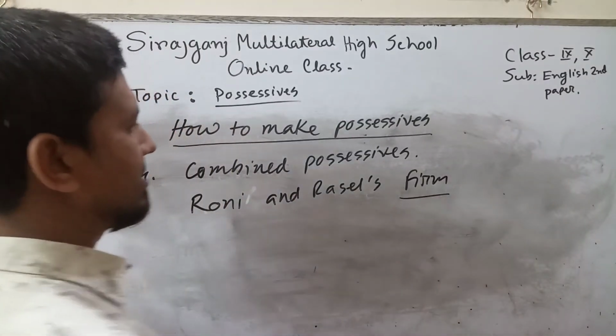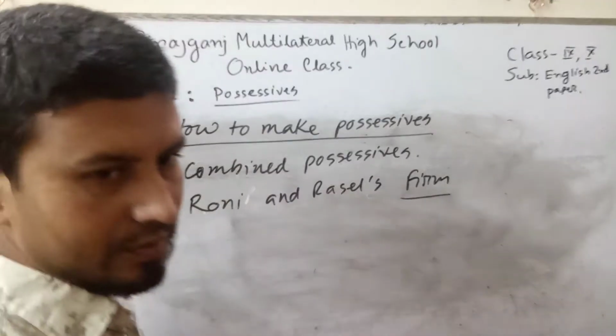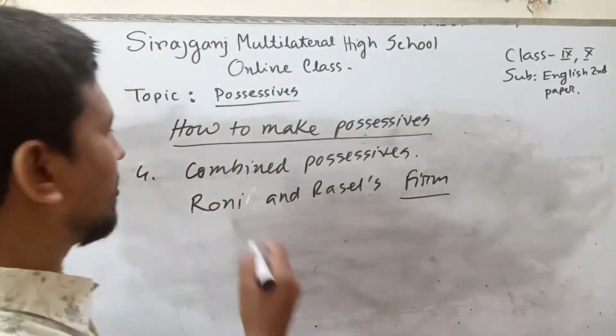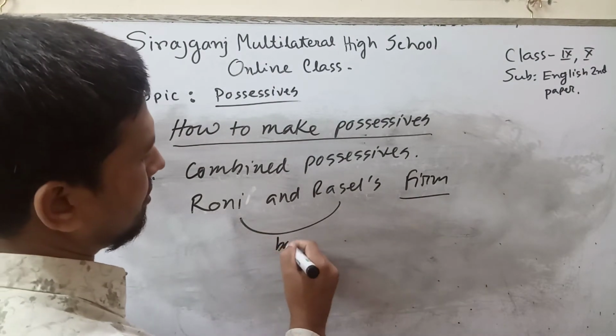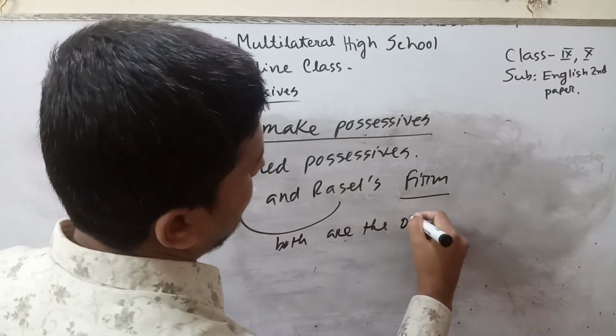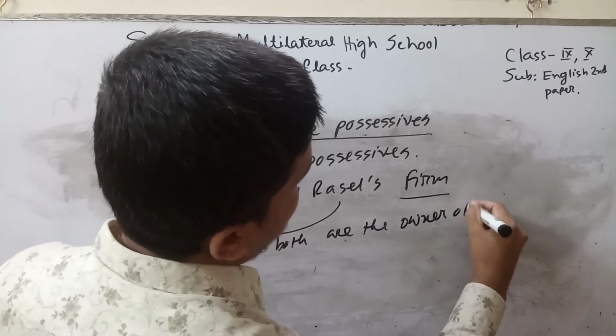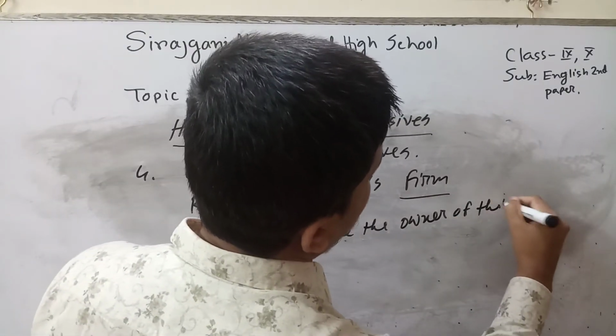Farm is maybe the garden or the food growing place. So Ronnie and Russell both are the owners of this farm.